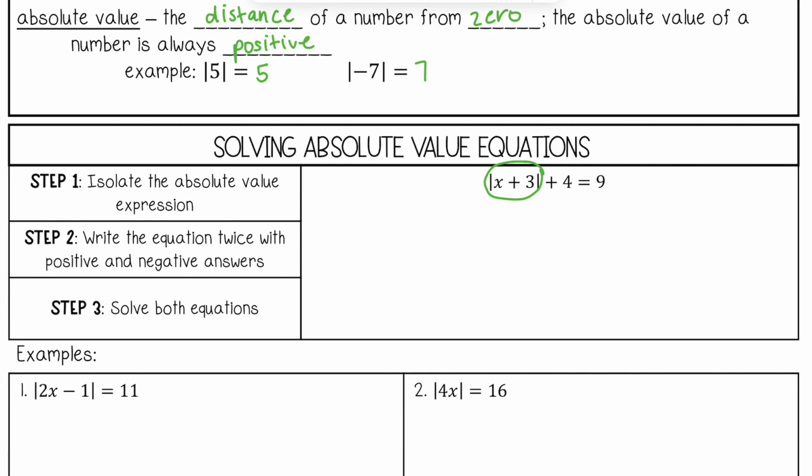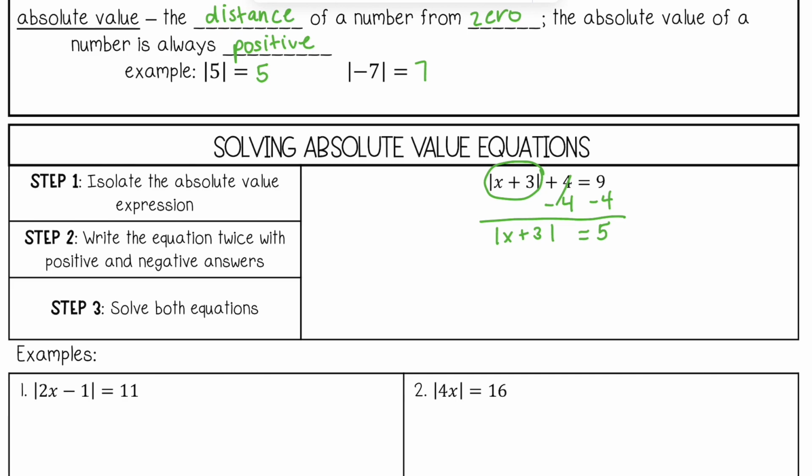So we want to do the inverse of +4, so that would be -4. And we want to keep it balanced, so we're going to do it to both sides. Then we're going to bring the absolute value expression down. 4 minus 4 is 0. Bring our equal sign down, and then 9 minus 4 is 5.